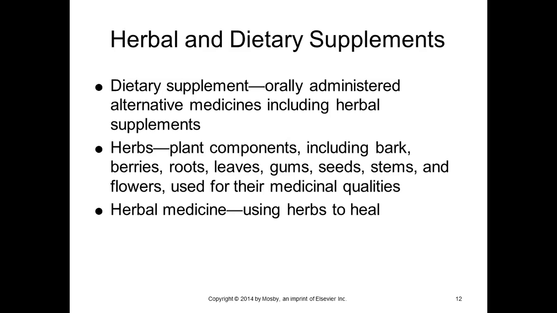Alternative medicine. So there are three terms here: dietary supplement, herbs, and herbal medicine. Dietary supplement means orally administered alternative medicine, including herbal supplements. Then herbs means plant components, including berries, roots, leaves, seeds, flowers, whole, natural sources.